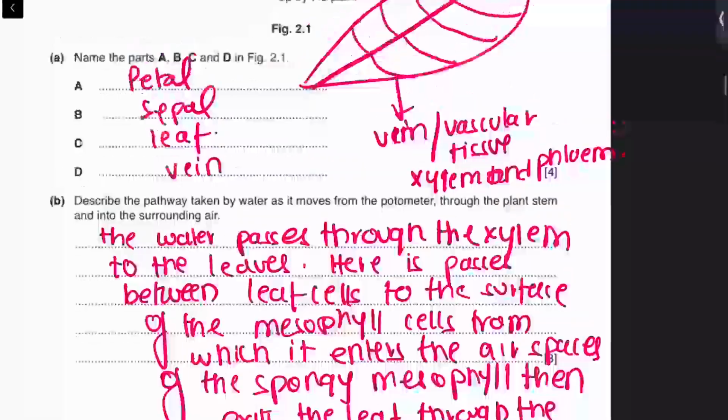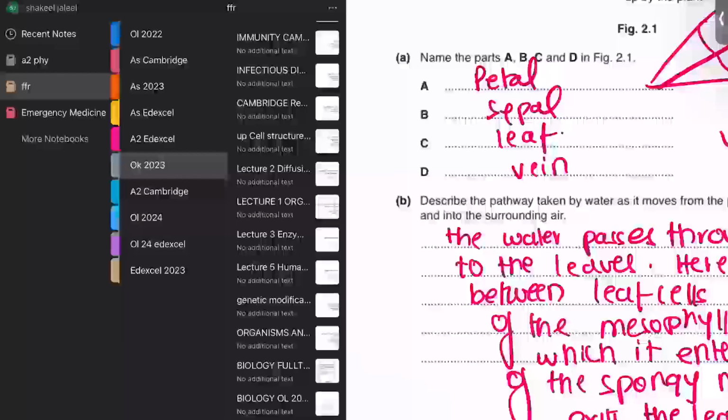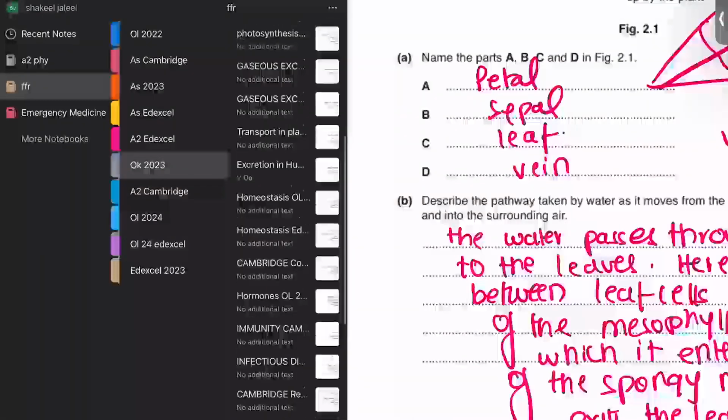The second line here is passes. Here it passes between leaf cells, the surface of the mesophyll cells, from which it enters the air spaces of the spongy mesophyll, then exits the leaf through the stomata. So to exactly describe this pathway, this is how it goes.